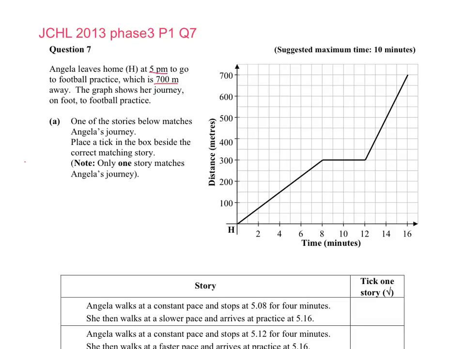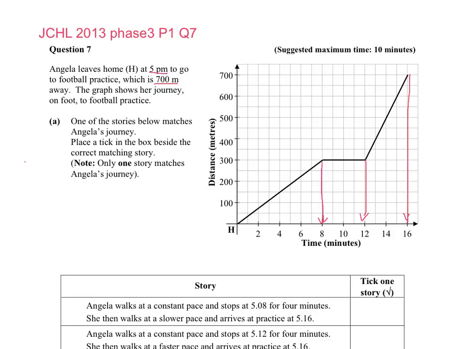Now it's 3 sections. Okay, it stops at 8, and then we have 4 minutes from 8 up to 12 where there's no distance being increased, at which point it then sets off again towards the final destination a further 400 metres away.